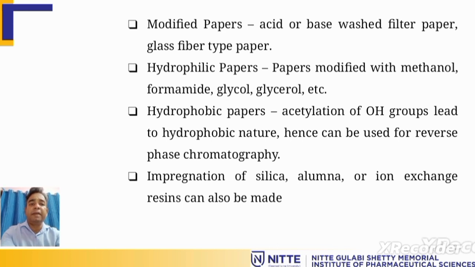And modified paper is treated by acid or base, and that brings a desired change into the paper. We have also hydrophobic paper, in which the acylation of OH group leads to the hydrophobic nature, hence can be used for reverse phase chromatography. Impregnation of silica, alumina or ion exchange resin can also be made depending upon the use of paper chromatography.